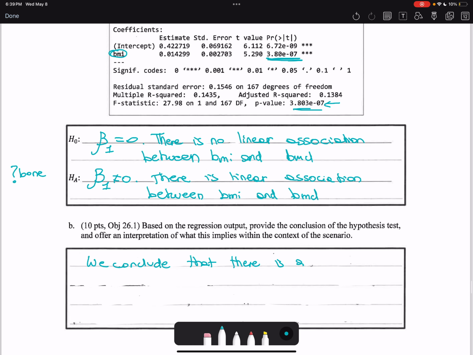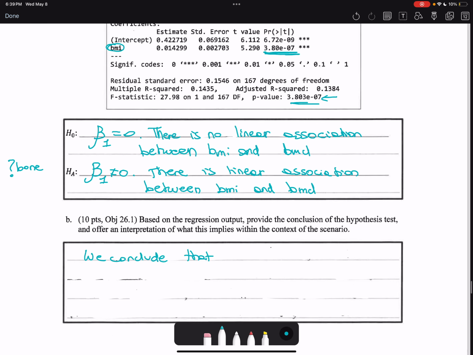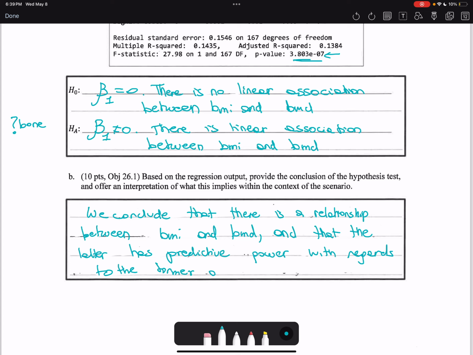So that there is a relationship between BMI and BMD, and that the latter has predictive power with regards to the former as an explanatory variable for a linear regression.